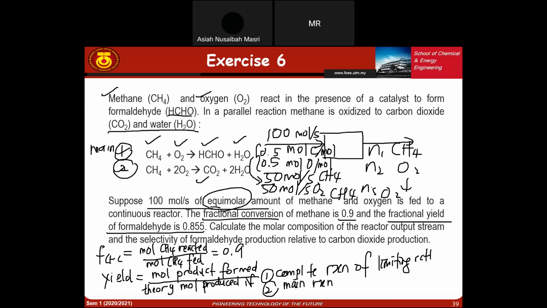Okay, so this is the formula. Yield is usually in the form of percentage or fractional. So if in the form of percentage, we multiply by 100. If in terms of fractional, no need to multiply by 100. So here it mentioned that the answer will be 0.855.